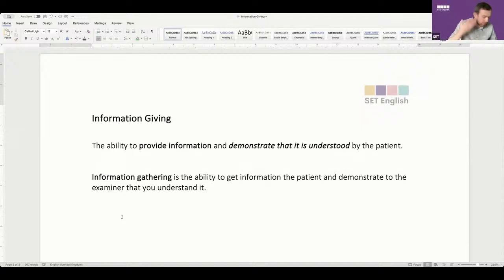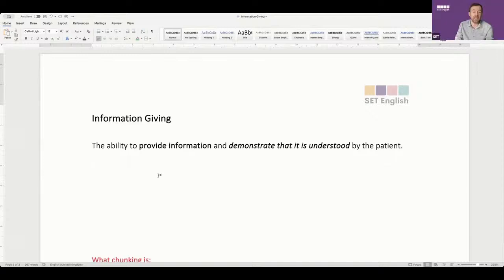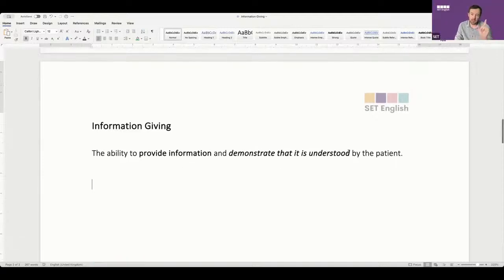You want it to all be understood first time so they can go away from this consultation with the right information, do everything correctly. Okay. So information giving: providing information, demonstrating that it's understood.